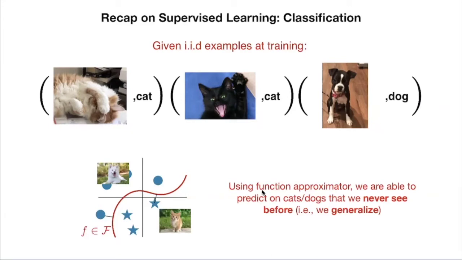It's just not possible. But what we hope is that if I have a reasonably large enough data set, my function approximation is able to predict reasonably well. Of course, we will suffer some error. It's never going to be perfect. But we can do reasonably well on something that we have never seen before in the training examples.